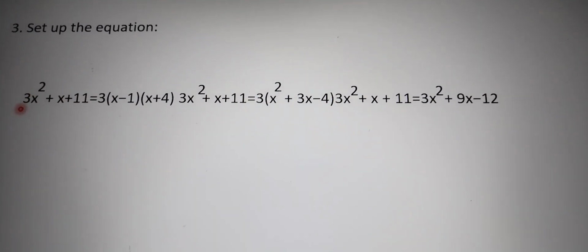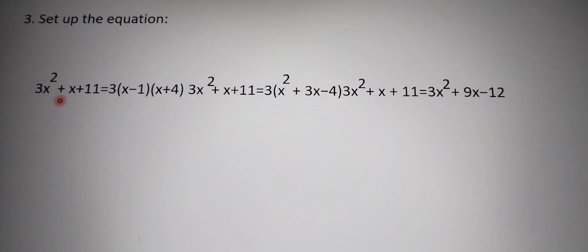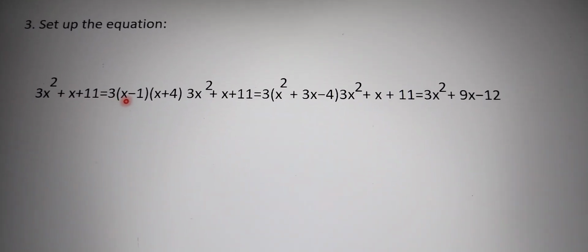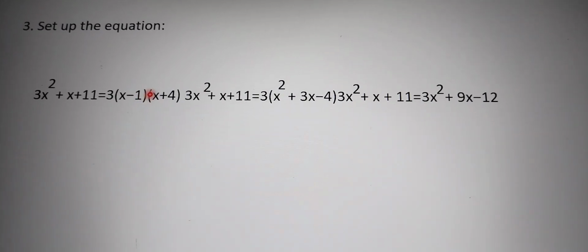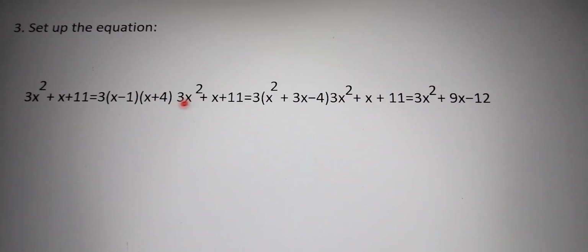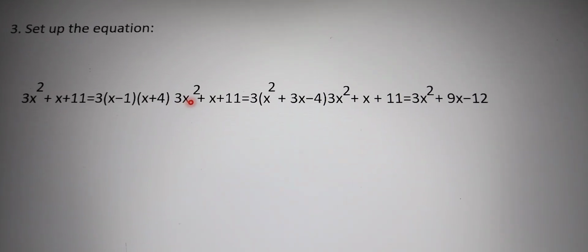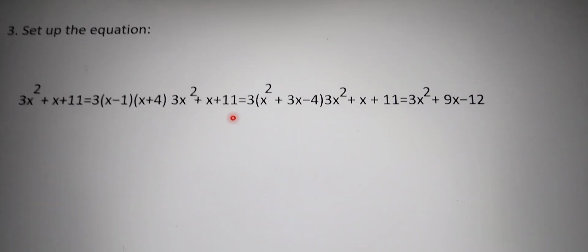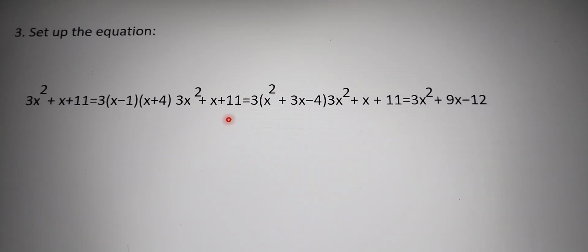It will be written as 3x squared plus x plus 11 is equal to 3 into (x minus 1), another bracket (x plus 4), which will be simplified into another form.